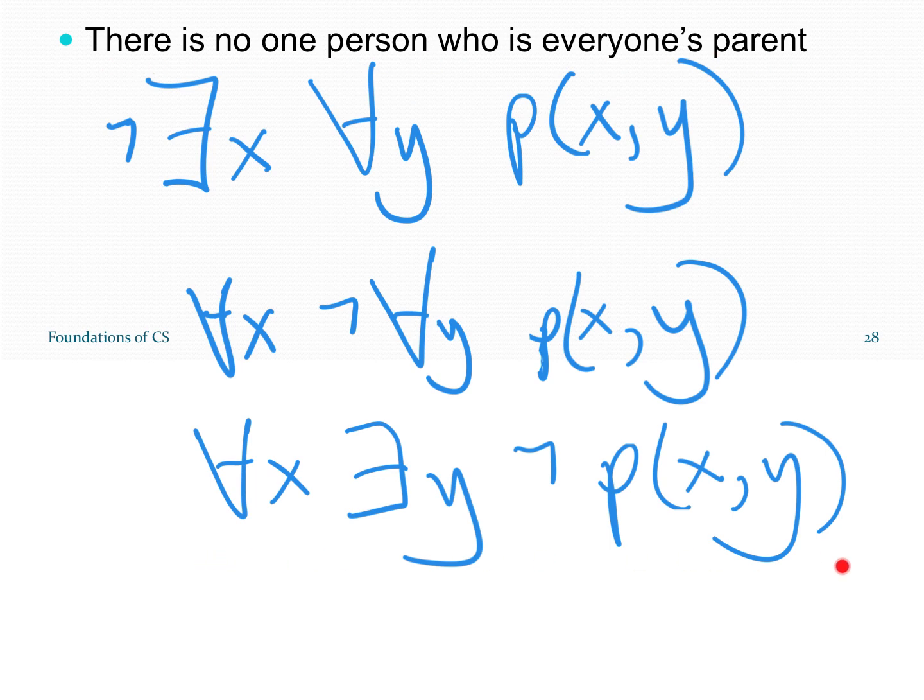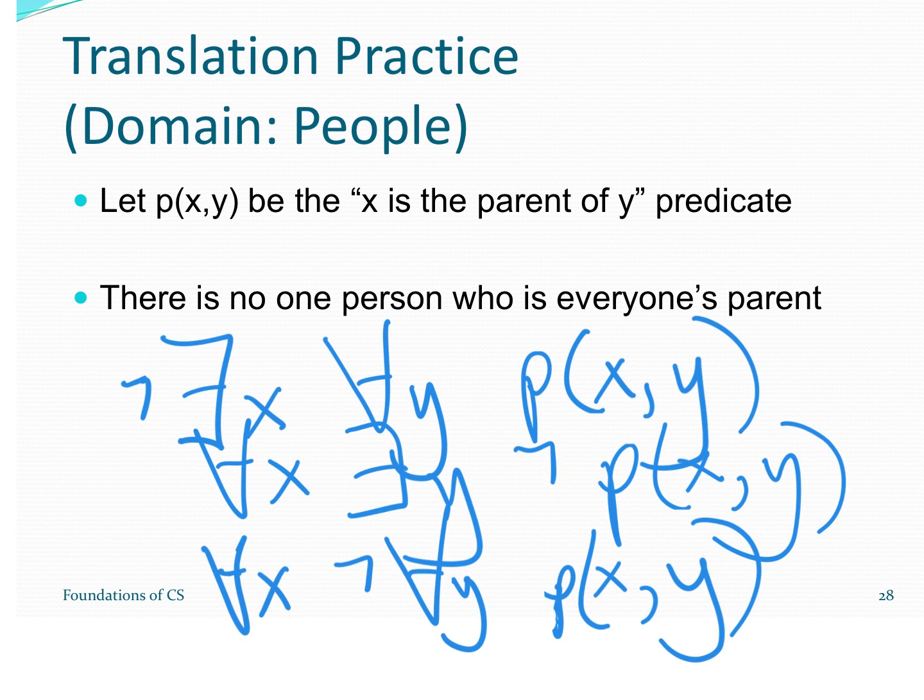And the way it reads here is no matter who you pick, there is somebody who X is not the parent of. So they're all actually equivalent. Whichever one feels more natural to you as a translation is the one you can do. The big skill you're trying to get here is just how do I take an English sentence, right, and turn it into one of these predicate logic statements.